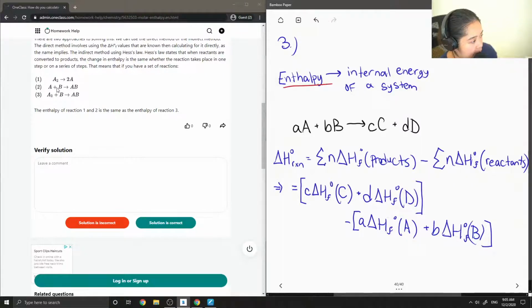So if we just look at 1 and 2, you'll notice that 2A is on the products of reaction 1, and there's a single A as a reactant of reaction 2. So therefore we can cross out the A in reaction 2, and we can cross out one of the A's there as well.